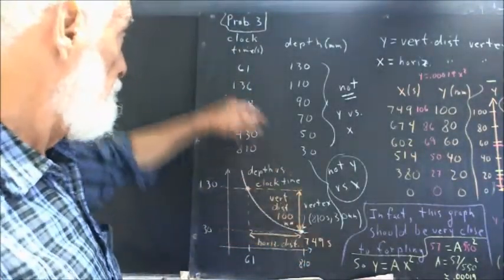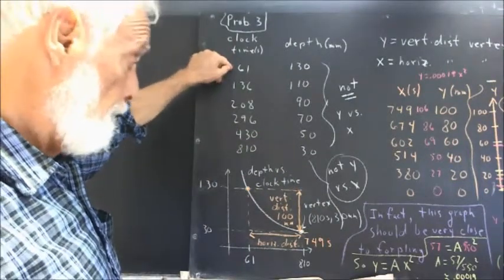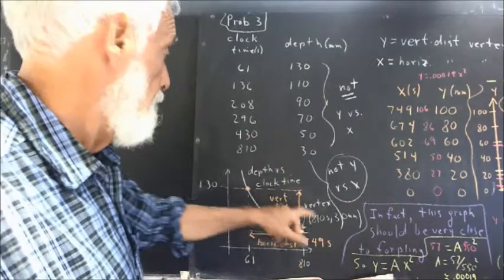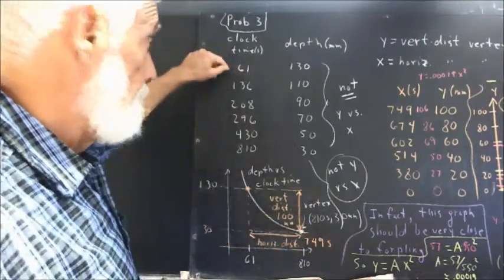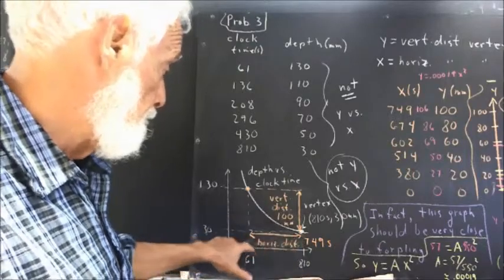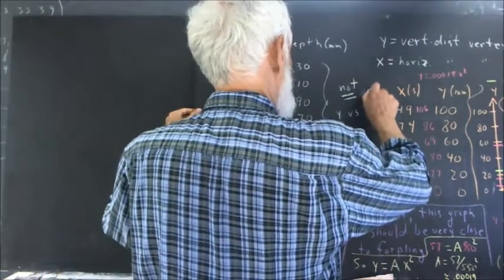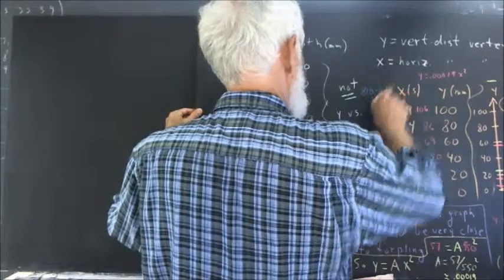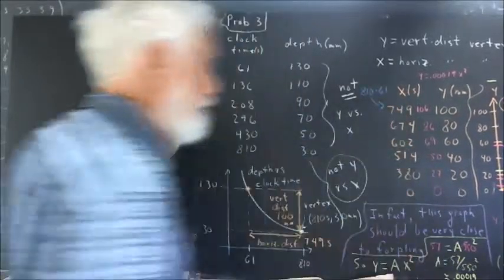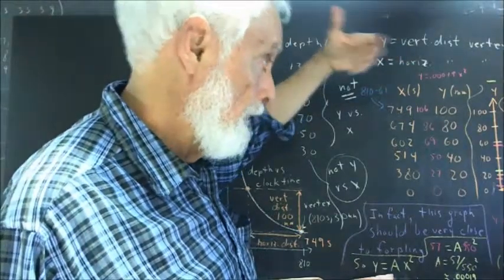The horizontal distance between the first data point and that vertex is 810 seconds minus 61 seconds. Okay, that's what this distance is. Here's 61, here's 810. So this 749 could have been calculated by 810 minus 61.